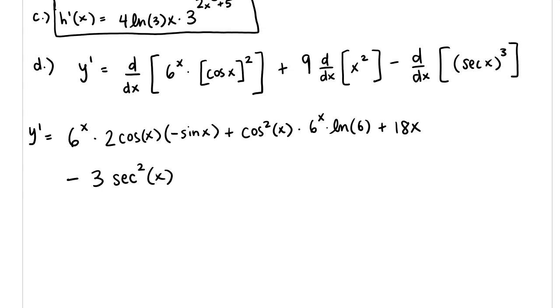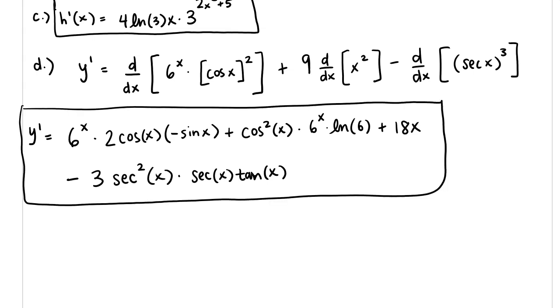Then I need to multiply by the derivative of the inner function, so I'm applying chain rule, and the derivative of that would be secant of x times tangent of x. So here we have our final answer for part D.